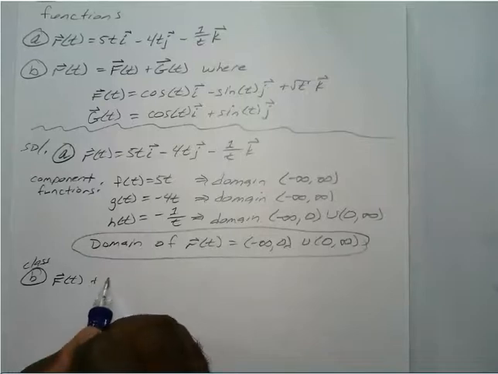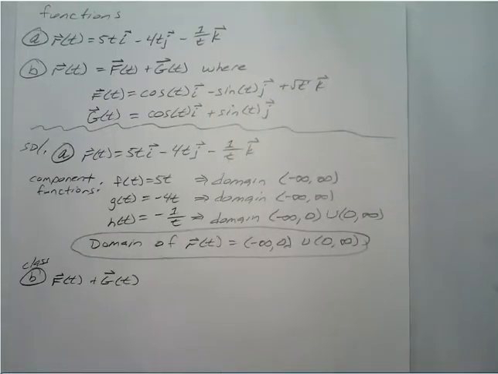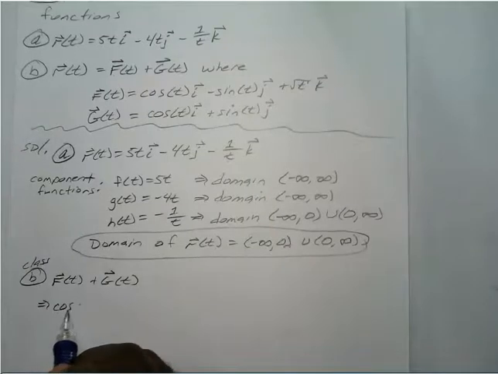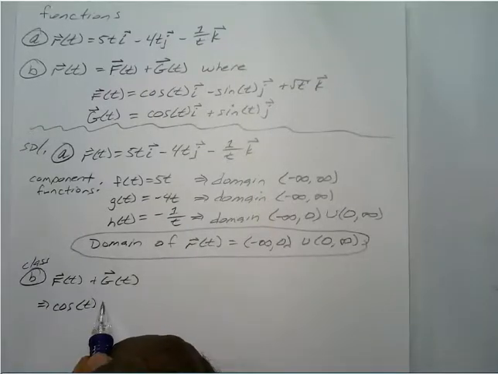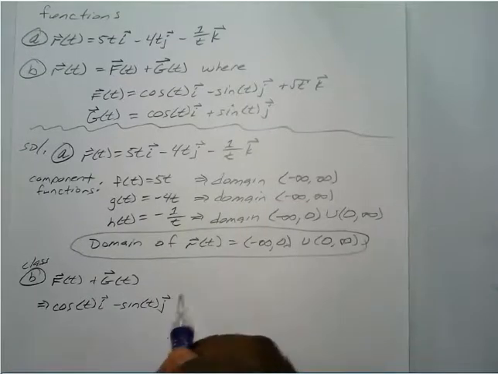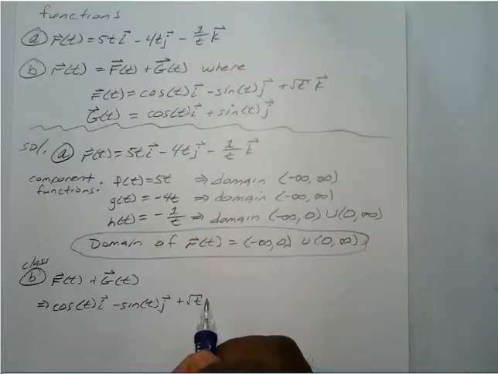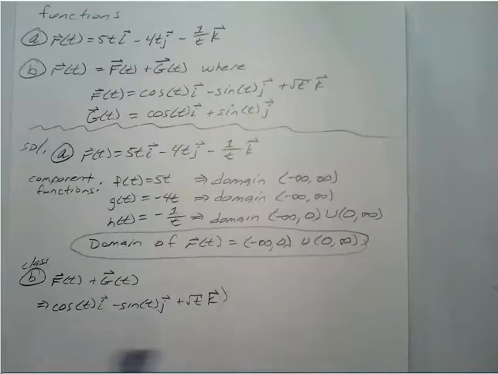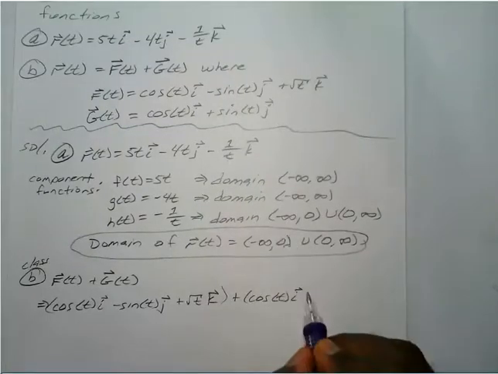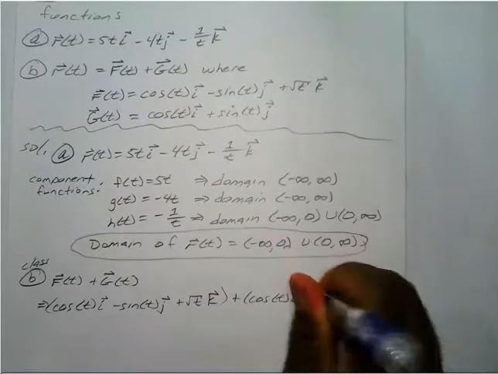So f of t plus g of t. Really we know this is just cosine of t times the i vector minus sine of t times the j vector plus square root of t times the k vector, plus cosine of t times the i vector plus sine of t times the j vector.